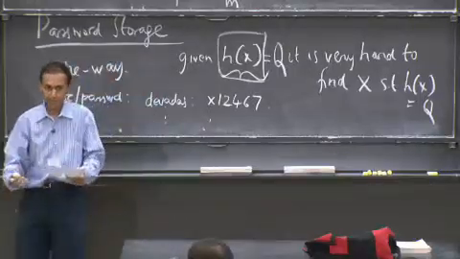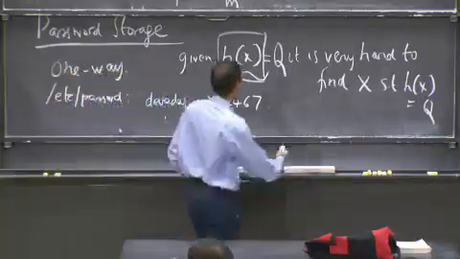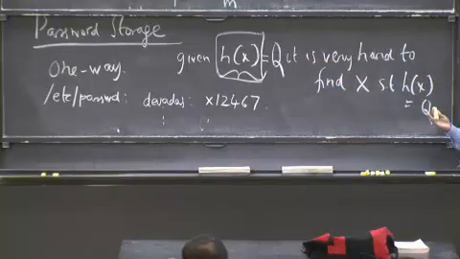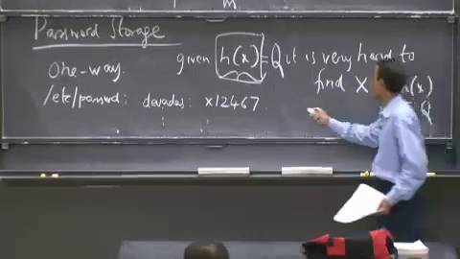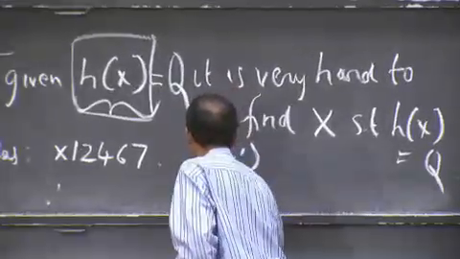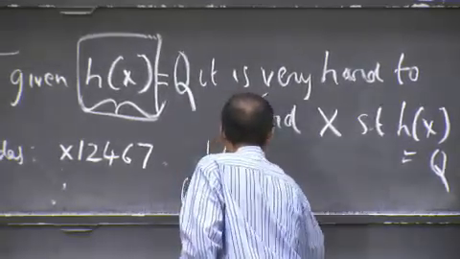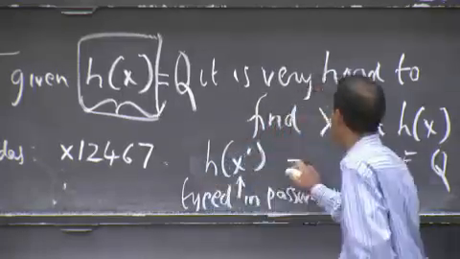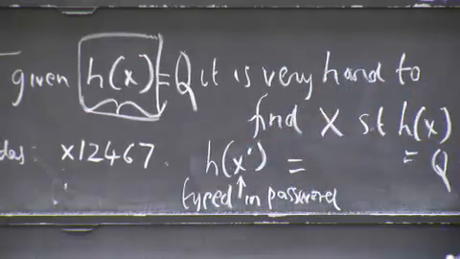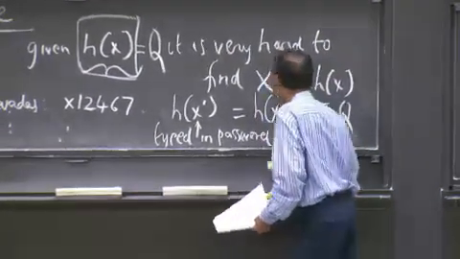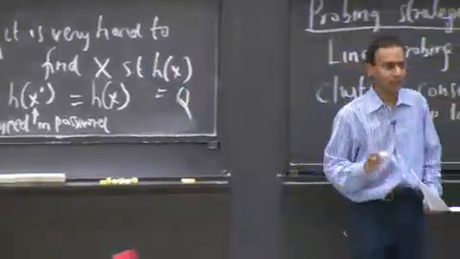So when I log in and I type in the actual password, what does the system do? It hashes it. It takes x prime, which is the typed-in password, which may or may not be equal to my password, because somebody else may be trying to break in, or I just mistyped or forgot my daughter's first name, which would be bad.